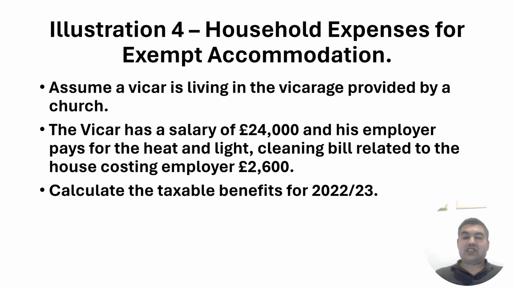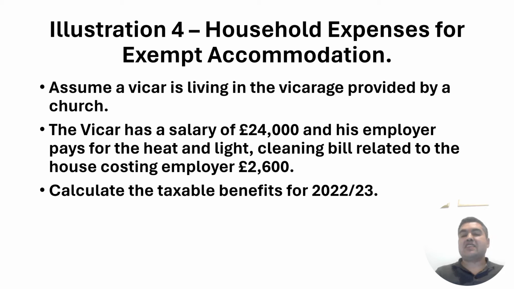Now, this is an illustration for household expenses for exempt accommodation. As we said on the previous slide, when household expenses relate to exempt accommodation, different rules apply. Assume a vicar living in a vicarage provided by a church.